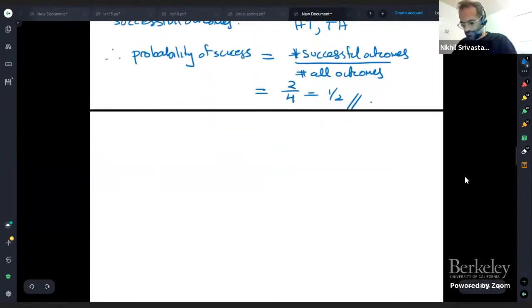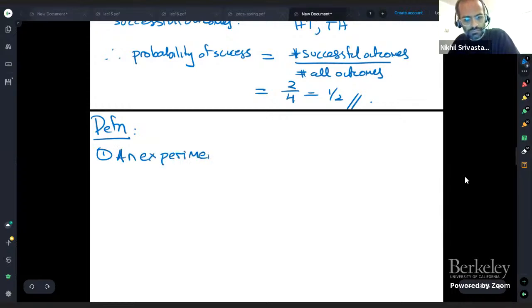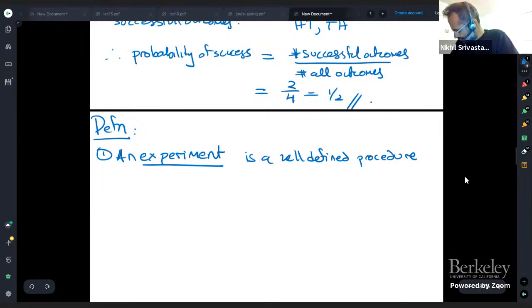Okay, so here are the basic definitions of probability. An experiment, sometimes called a random experiment, is a well-defined procedure with a set of possible outcomes.